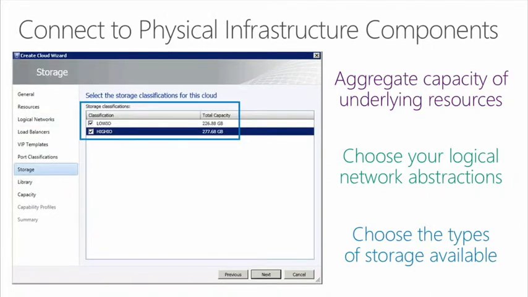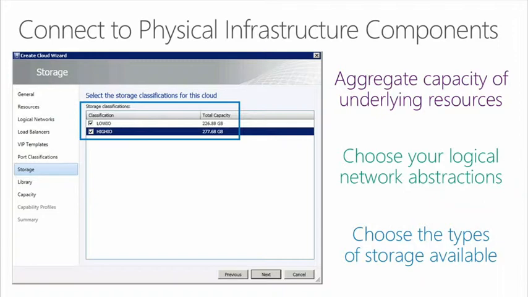Then lastly, I'm going to choose which tiers of storage or which classifications of storage are available to this cloud. Now, I may have different needs for a production cloud than I do for a development cloud. My production cloud may need that high I/O type storage, or may need access to all different types of storage. So I can give it access to all of those.